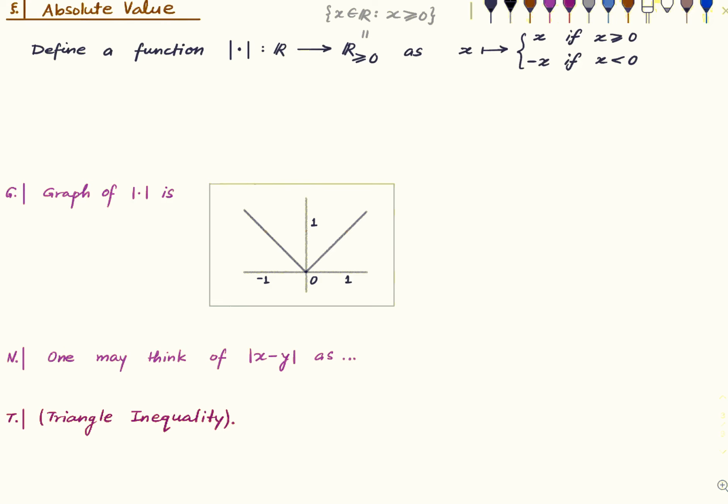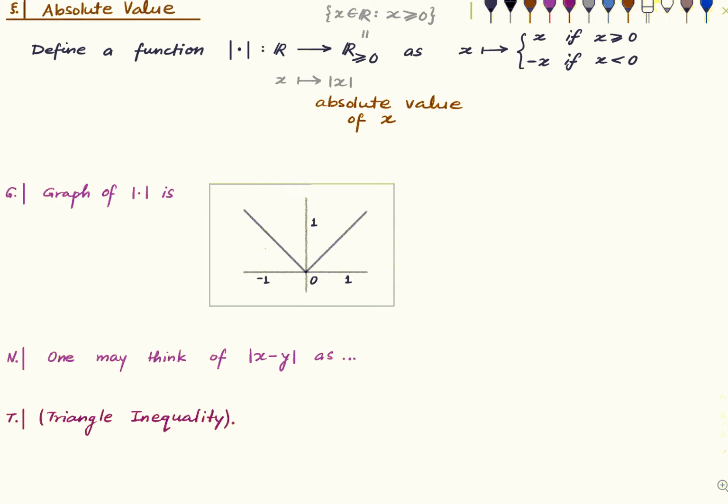All right. So in notation, this is x going to that thing, and this is called the absolute value of x. You can think of it as measuring the size of x.